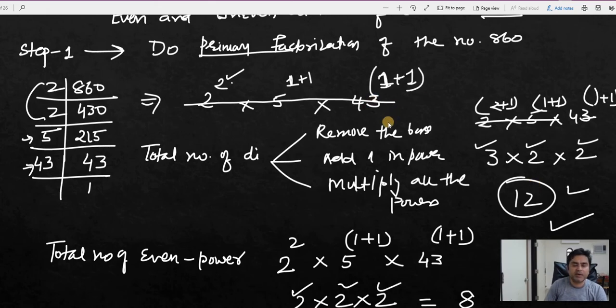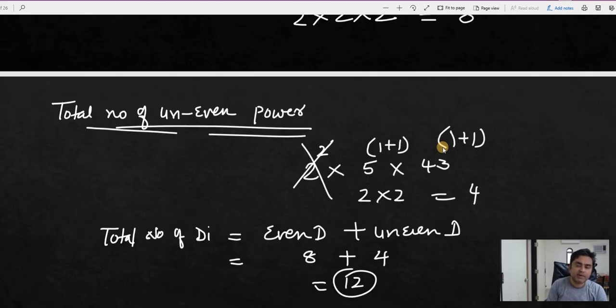For uneven divisors you have to completely remove base 2 and its power. Whatever the power is in the base 2 you have to completely remove, and for what is left you add 1 to each power. So 1 plus 1 is 2 and 1 plus 1 is 2. You multiply these two, so that comes to 4. So the total number of even is 8, the total number of uneven is 4, and the total is 12.